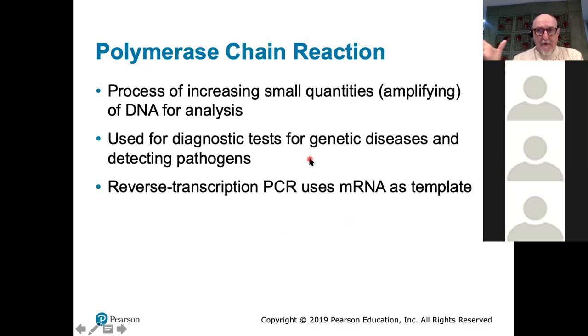We use it in examining and identifying disease processes. It's used forensically, which is probably where you've heard of it, to amplify DNA that has been left at a crime scene for identification and all of these sorts of things. There are various twists to the polymerase chain reaction that can be done.